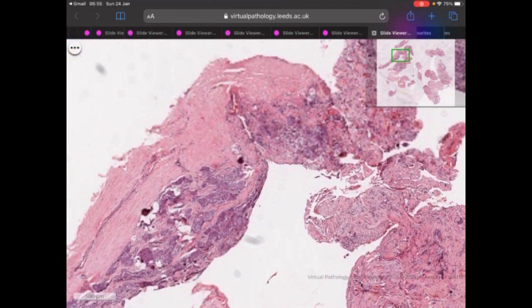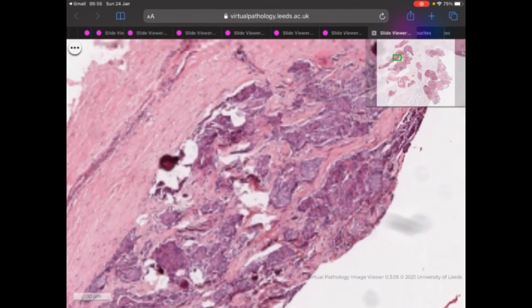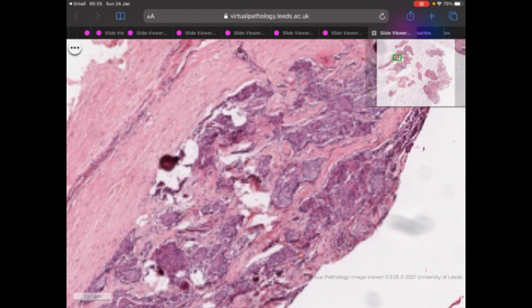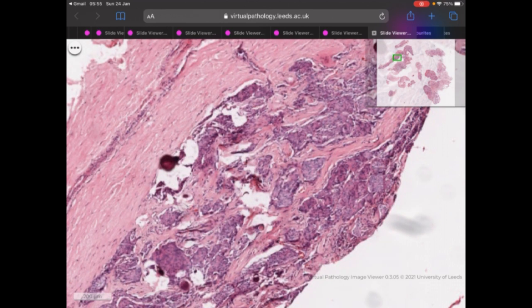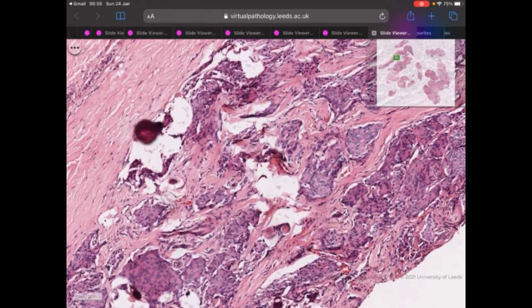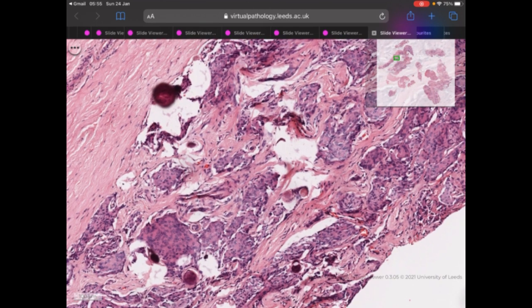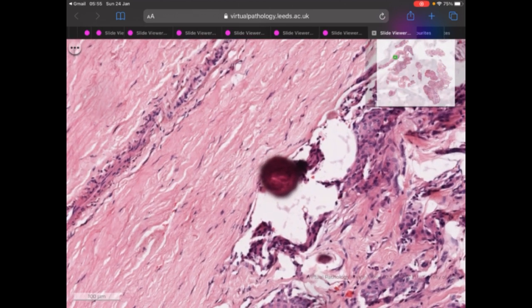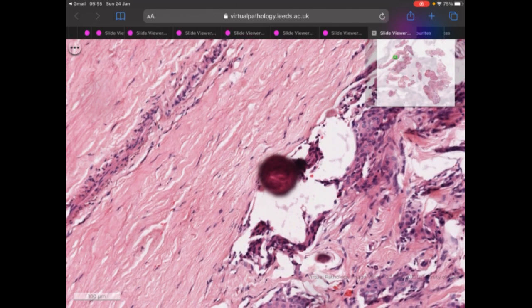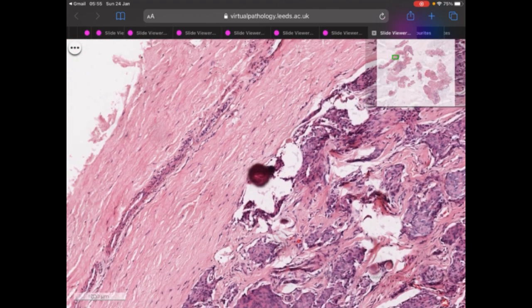This is another case of meningioma. I just would like to show you how a psammoma body looks. Okay, the rounded structures that have a lamellated appearance appear more bluish. For example, at the center, this rounded structure is a psammoma body.